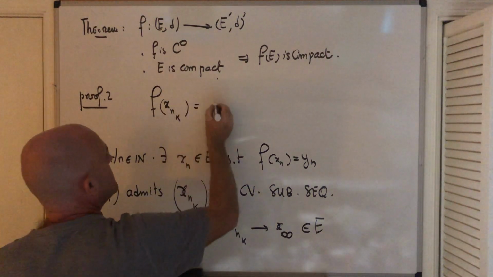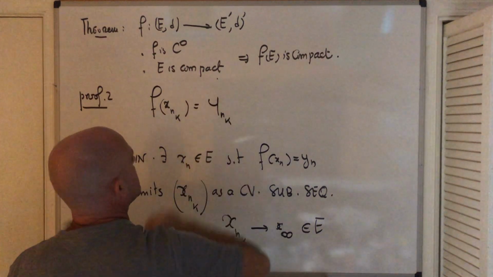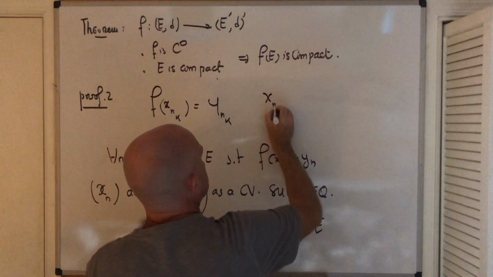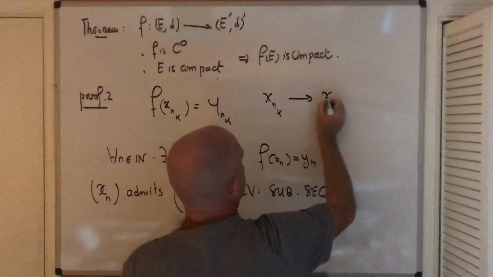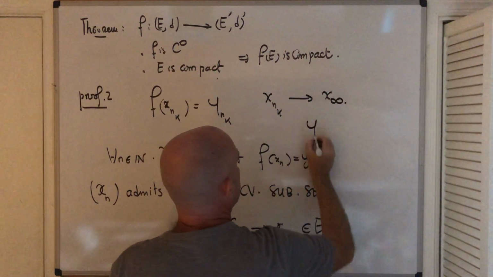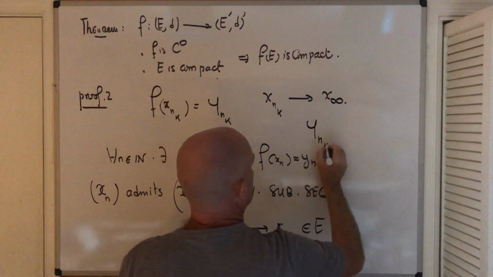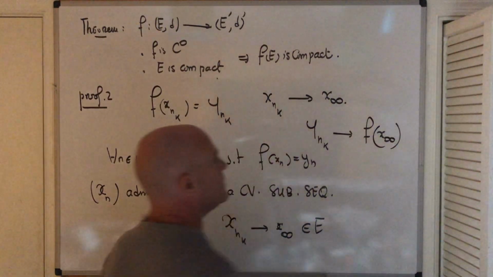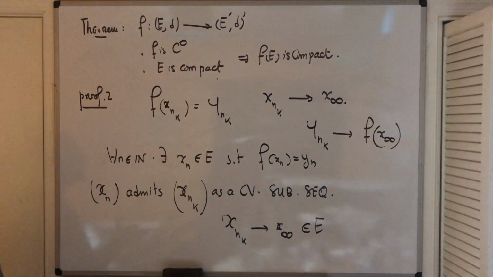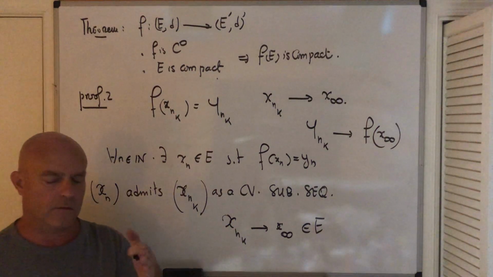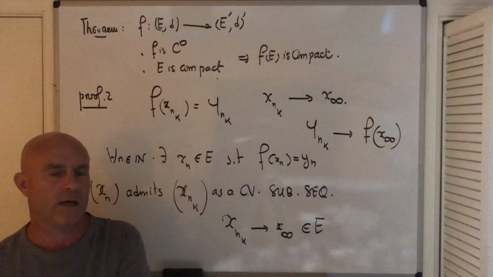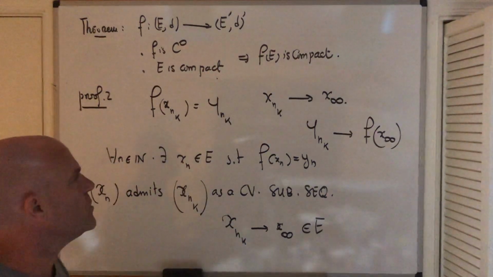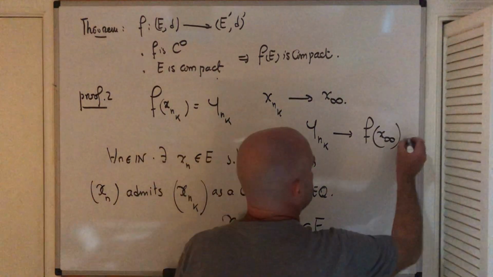Well, this is nothing else than y_{n_k}. But x_{n_k} converges to x_infinity, and therefore y_{n_k} would converge to f of x_infinity, because f is continuous. So f is continuous tells you that the limit of the image is the image of the limit.